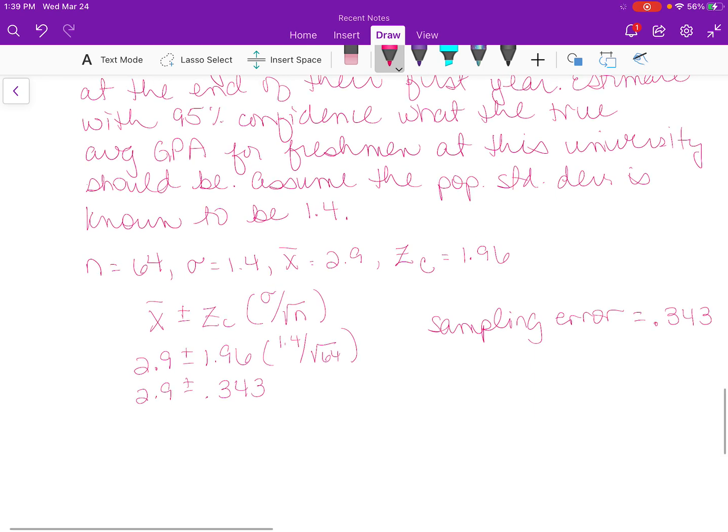So that means I'm going to take the 2.9 and I'm going to add and subtract 0.343. And that gives me 3.243 on the upper end. And then 2.557 on the lower end.